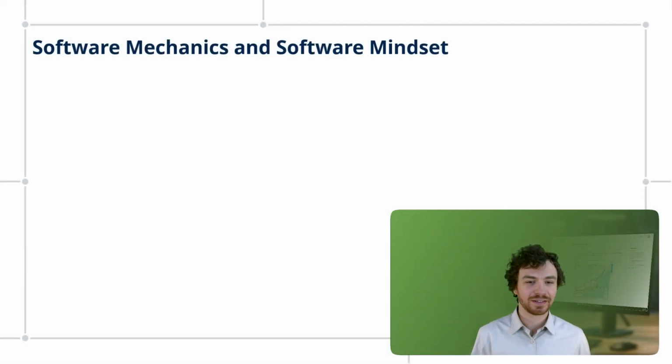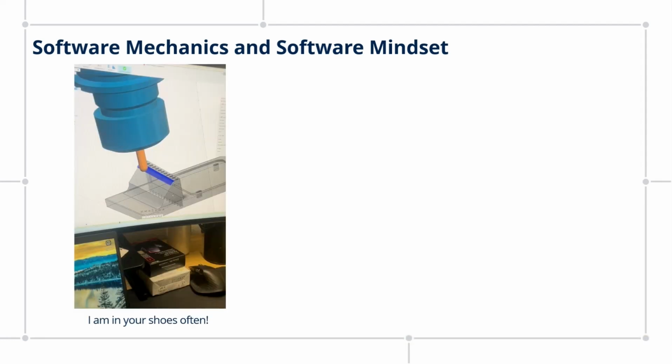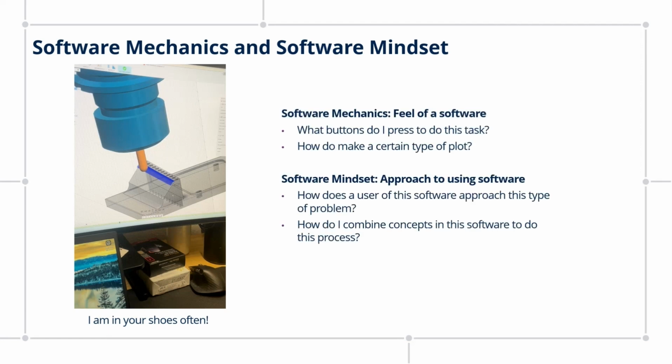So before I get into what a SAInt network is, I want to talk a little bit about software mechanics versus software mindset. I'm in your shoes often. I actually recently joined a makerspace here in Denver, where I'm based, and I'm constantly learning new engineering software. And in learning so much engineering software, I often think about the software mechanics and the software mindset. When I say software mechanics, I'm talking about the look and feel of a software.